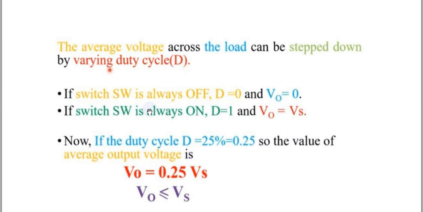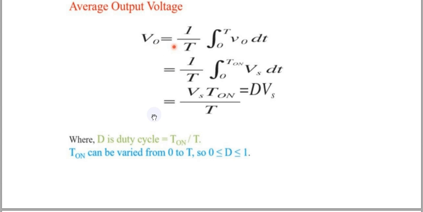So the average value across the load can be stepped down by varying the duty cycle, because V naught is equal to D times Vs.